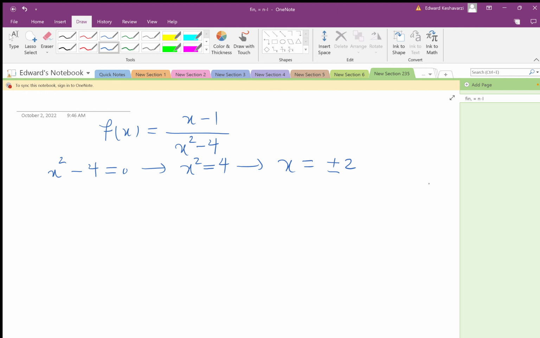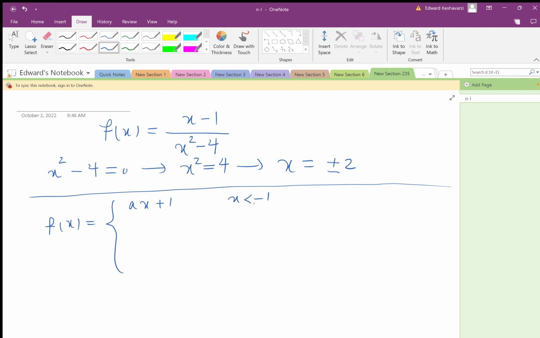And the last example of today's lesson is this one. We are given that this function is continuous everywhere for all real numbers.